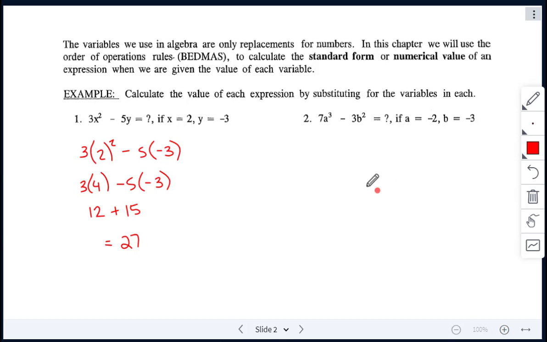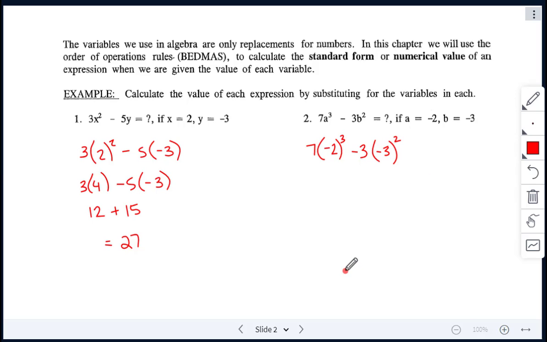Okay, so our next example, 7a cubed minus 3b squared, when a is equal to negative 2, b is equal to negative 3. Again, our first step is to substitute those numbers in and use your brackets. So 7 bracket negative 2 cubed, and then we have minus 3, open up a bracket, and it's negative 3 squared.